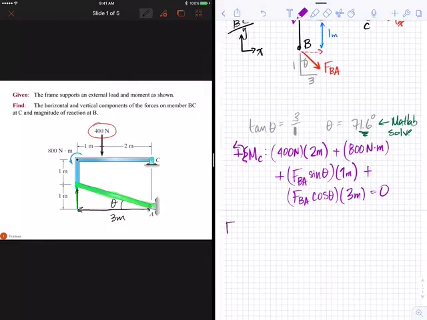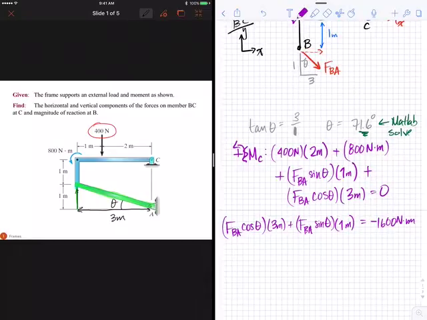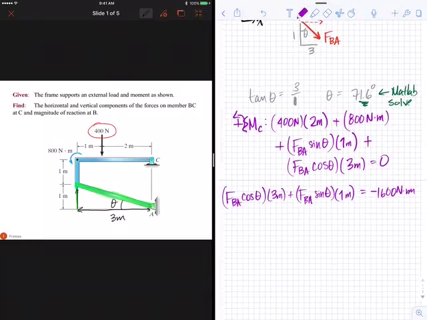So we can write FBA cosine theta times the 3 meters plus FBA sine theta times the 1 meter. We know it's going to be equal to the 800 plus 800 taken to the other side, minus 1600 Newton meters. Pull out FBA: FBA times (3 meters cosine theta plus 1 meter sine theta) equals minus 1600 Newton meters.